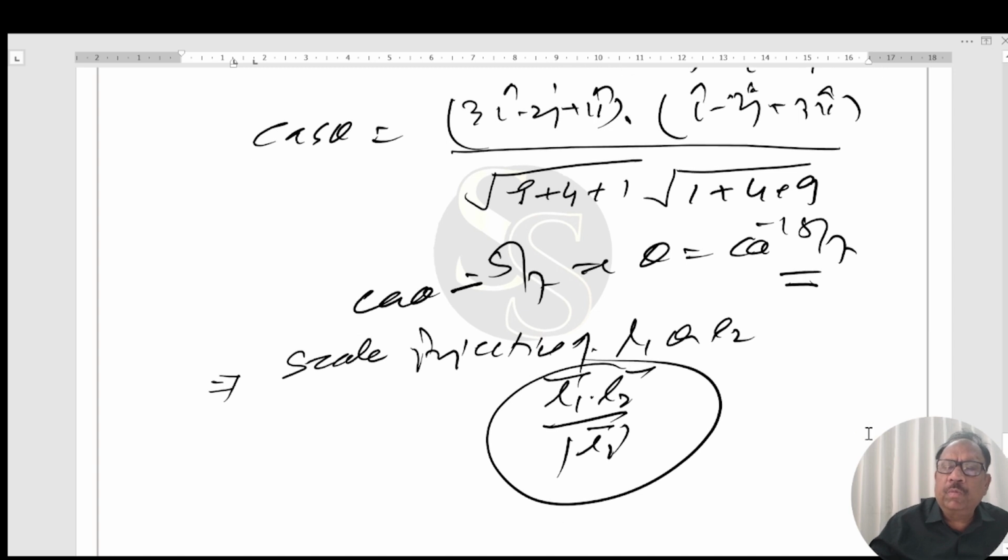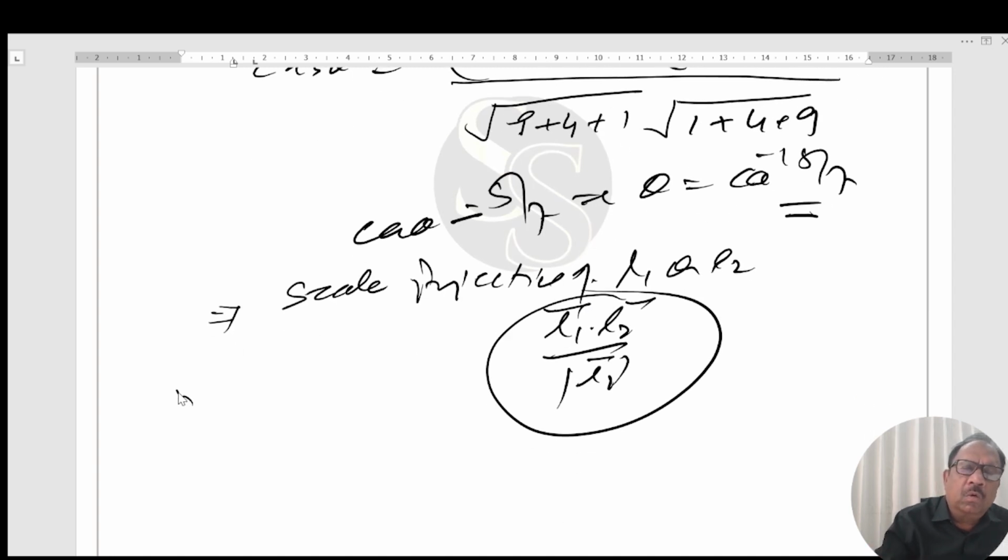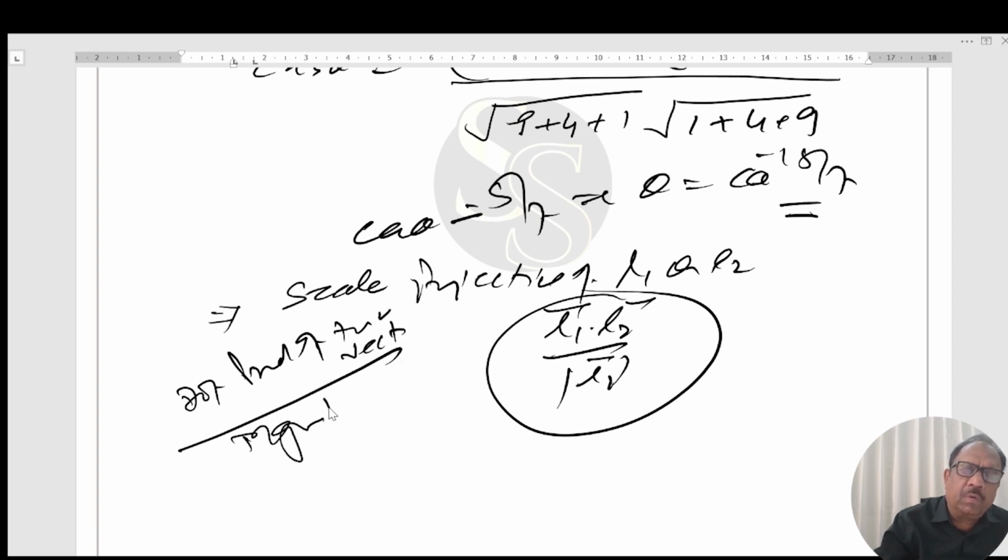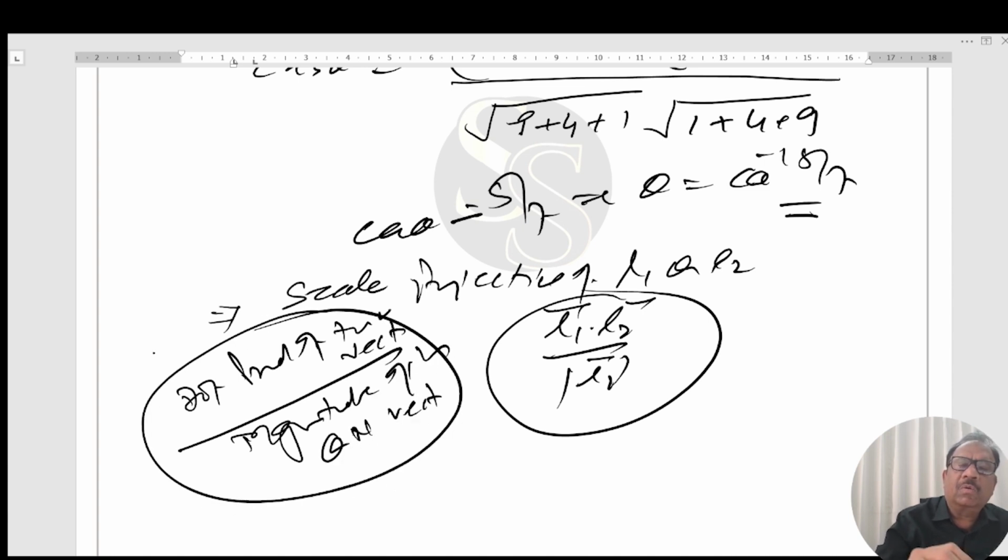The scalar projection is given by the dot product of two vectors divided by the magnitude of the vector on which we project. This is a very important question.